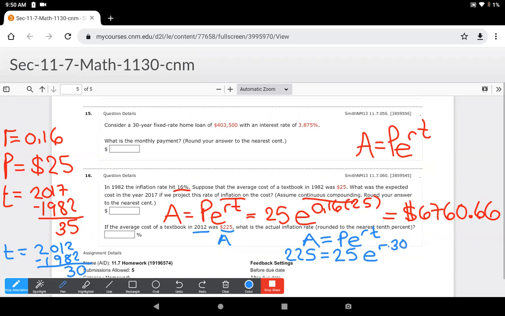If we divide both sides by 25, I get the value of 9, which equals e to the 30r, just switching order, because generally we put numerical coefficients in front of the variables. Now I have to take the log of both sides, right? So I'm going to take the natural log because that's how we get rid of e. That brings me to 30r.